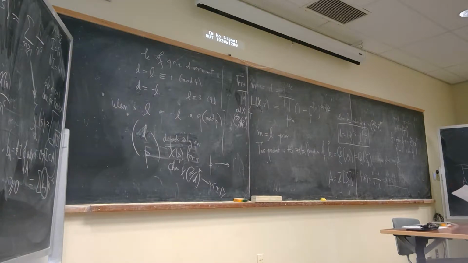Which means that if you take the field of p elements and you adjoin to it a primitive L-th root of unity, then you get the field of p to the f elements.